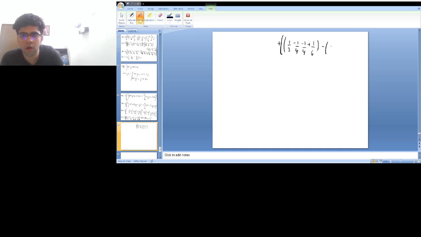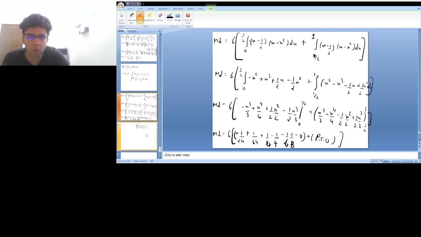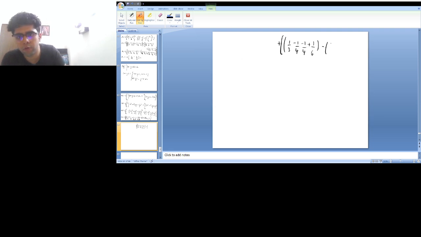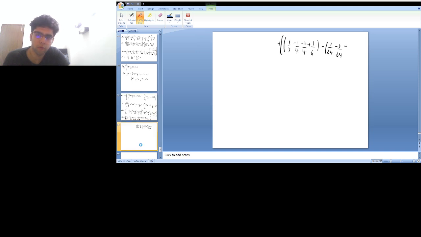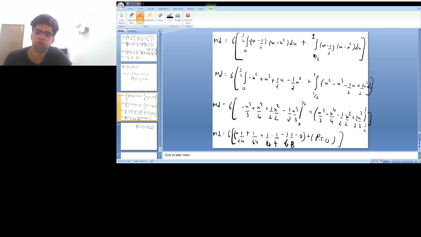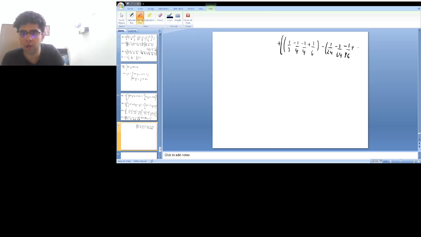Now substituting half here gives me 1 upon 24 minus 1 upon 64, minus 1 upon 4 into 4, that is 16, minus 1 upon 16, plus 1 upon 6 and 8, 1 upon 48, plus 1 upon 48.